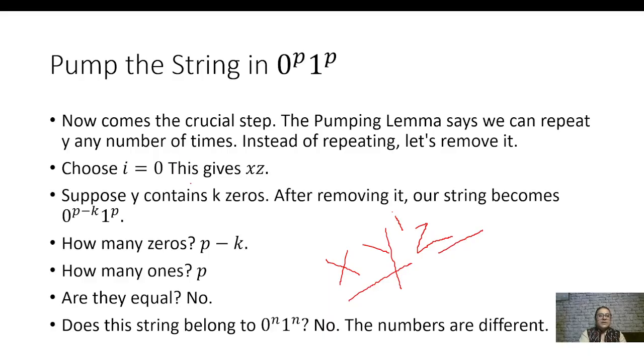If you pump the y substring once, twice, thrice, it will always add zeros, but the other part won't have any ones. That's how the number of zeros will never be equal to the number of ones using the pumping lemma.